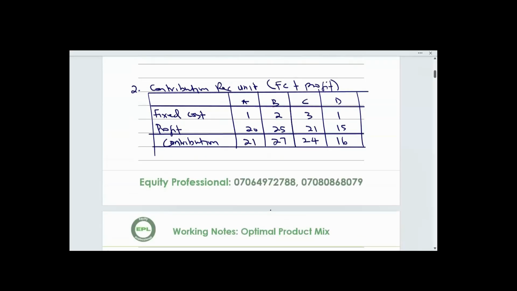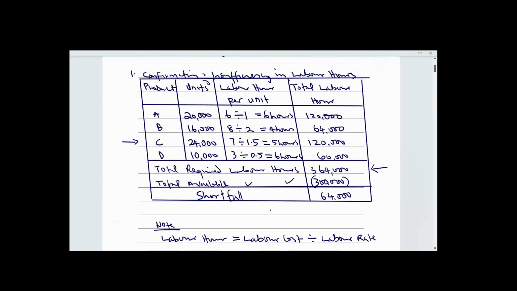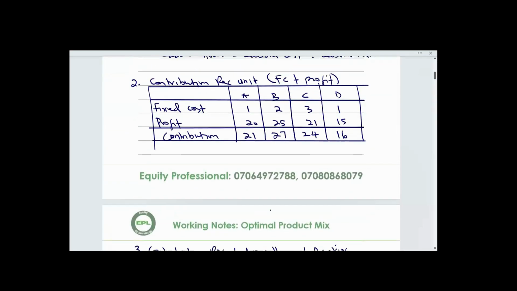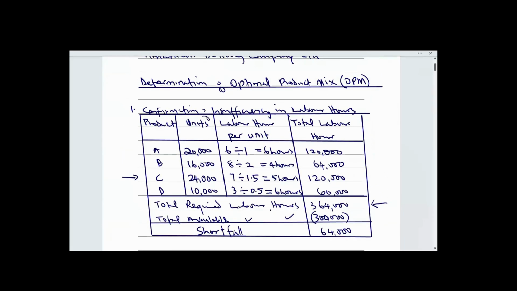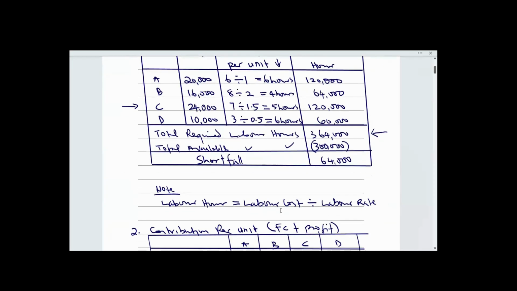Then we have labor hour, which is key factor per unit. Labor hour per unit: here is 6, 4, 5, 6. The labor hour per unit is the one we calculated in step 1. All these items you have here are your key factor per unit.